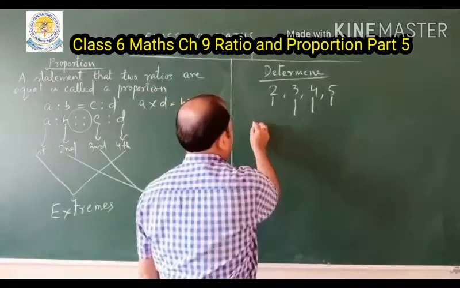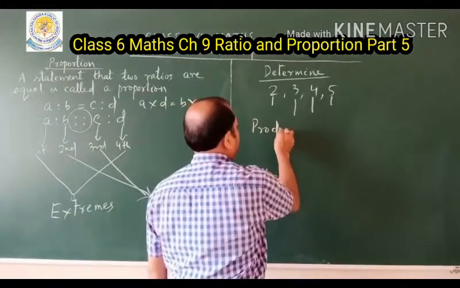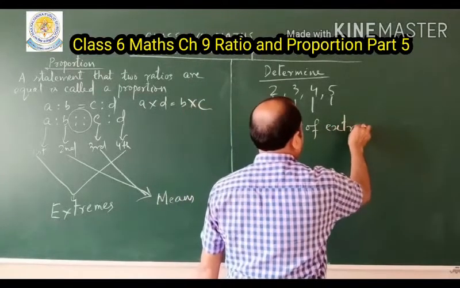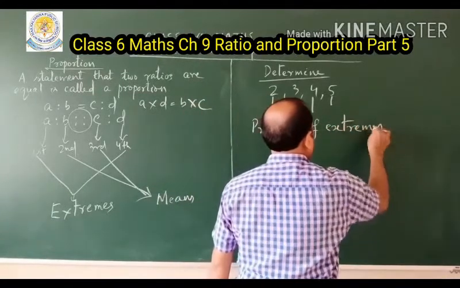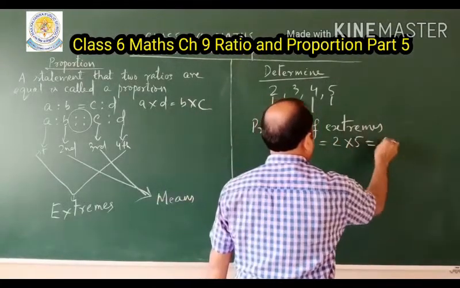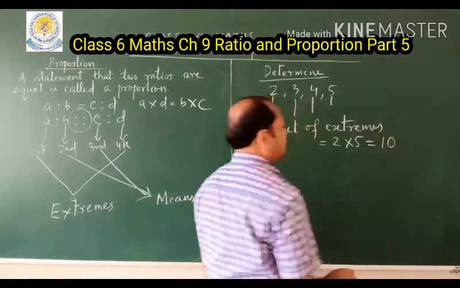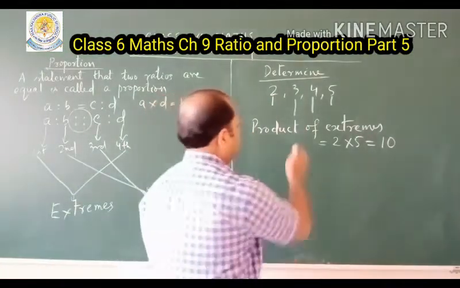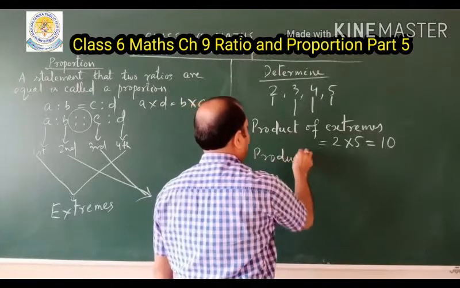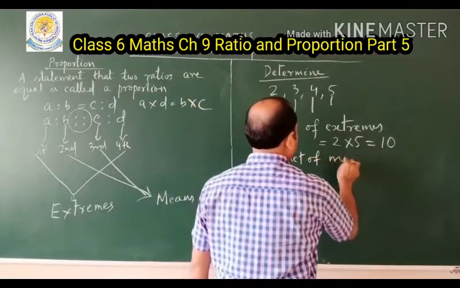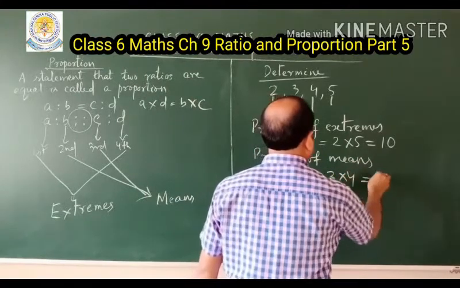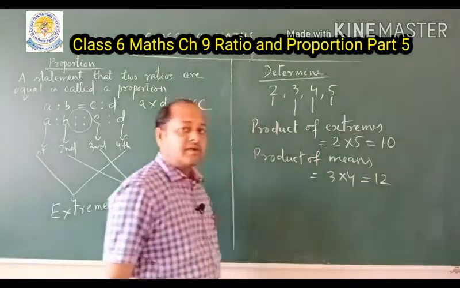Okay, so write down product of extremes equal to 2 into 5, that is equal to 10. And what is the product of the means? Product of means equal to 3 into 4, that is 12. What do you observe here?